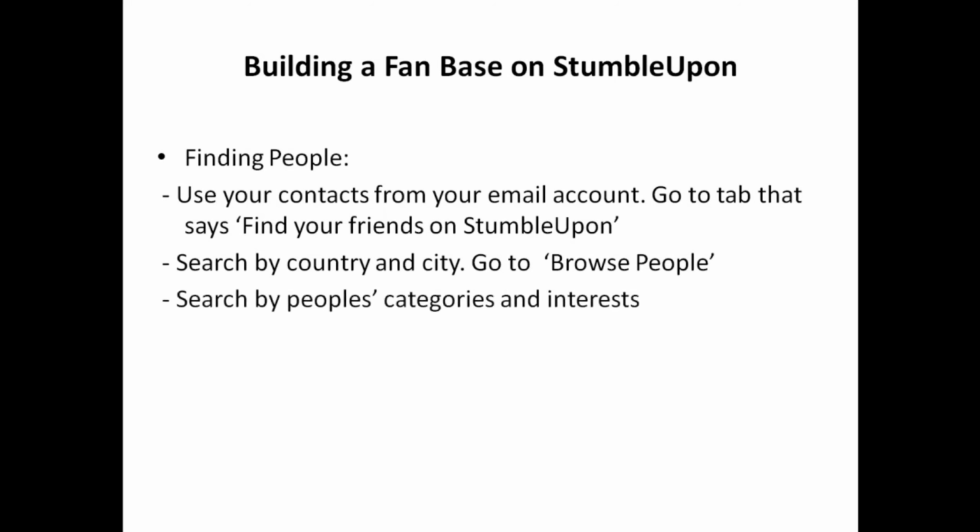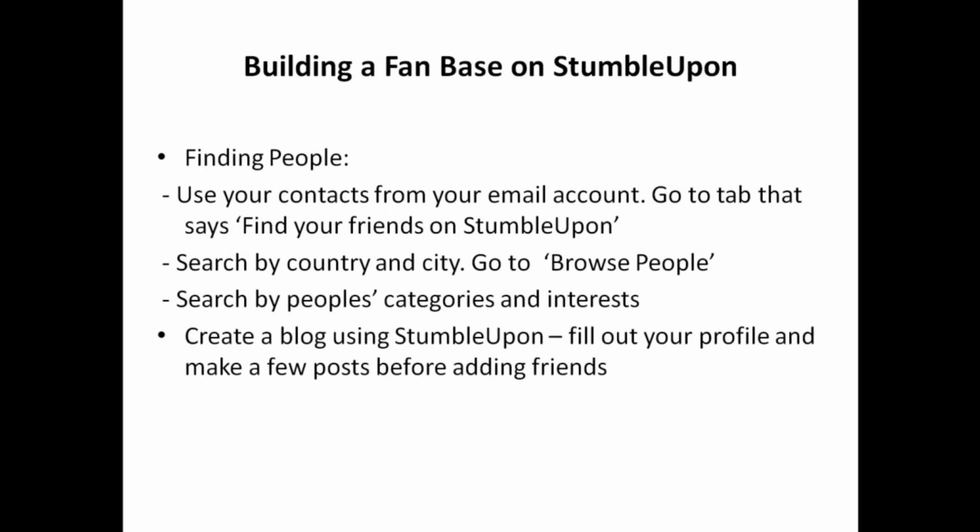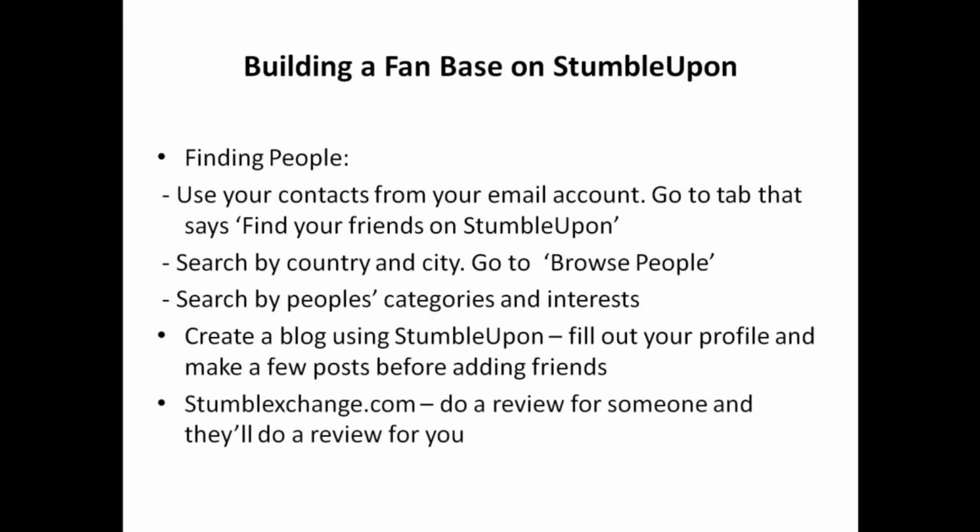You can search by people's categories and interests. Then you can create a blog using StumbleUpon, fill out your profile, and make a few posts before you start to add friends. Use StumbleExchange.com. Do a review for somebody there, and they'll do a review for you. More stumbles equals more traffic.